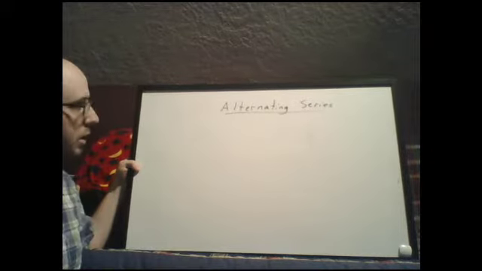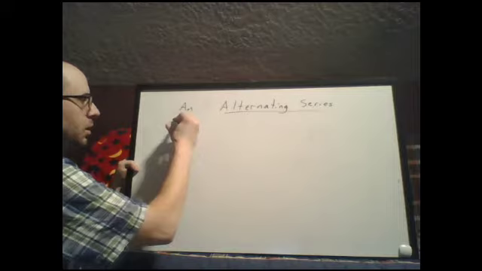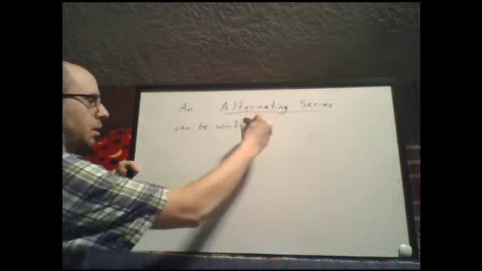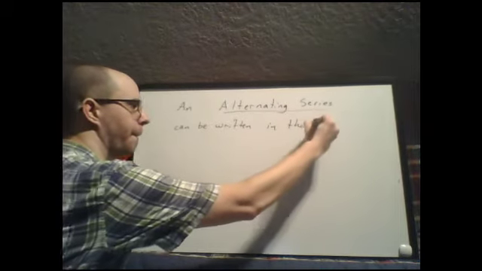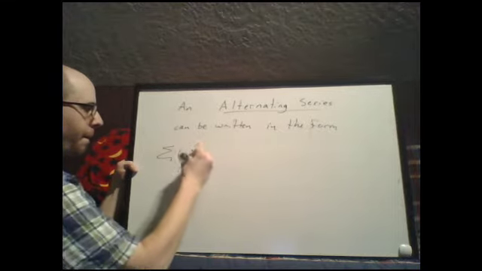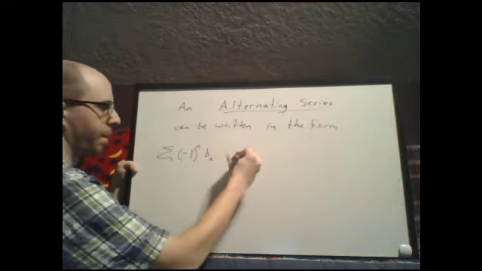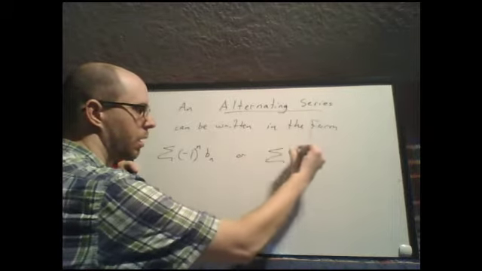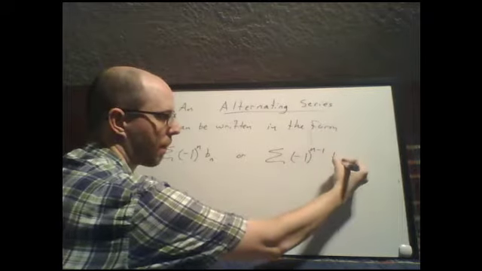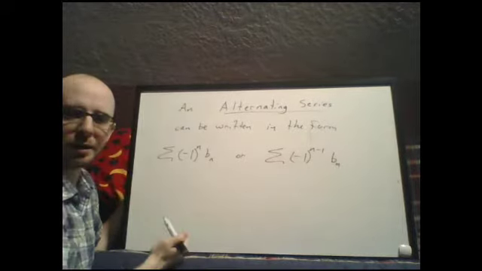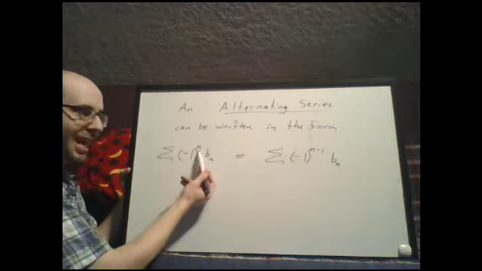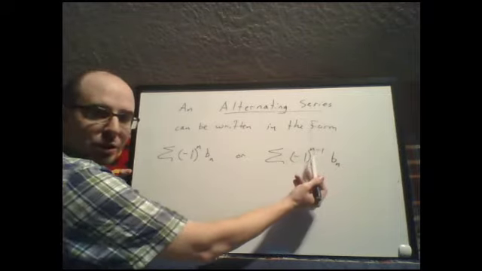An alternating series can be written in the form where you've got this negative 1 to a power, and depending on which terms are even or which terms are odd, you can either have negative 1 to the n or negative 1 to the n minus 1 or n plus 1.